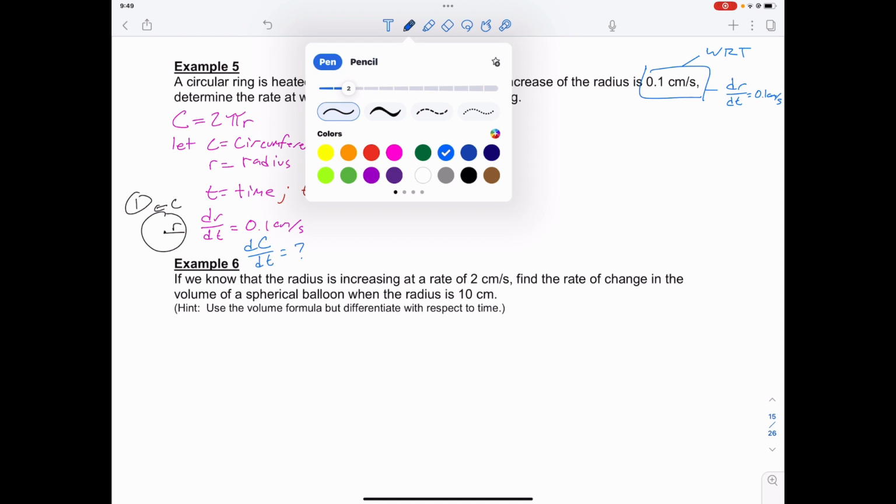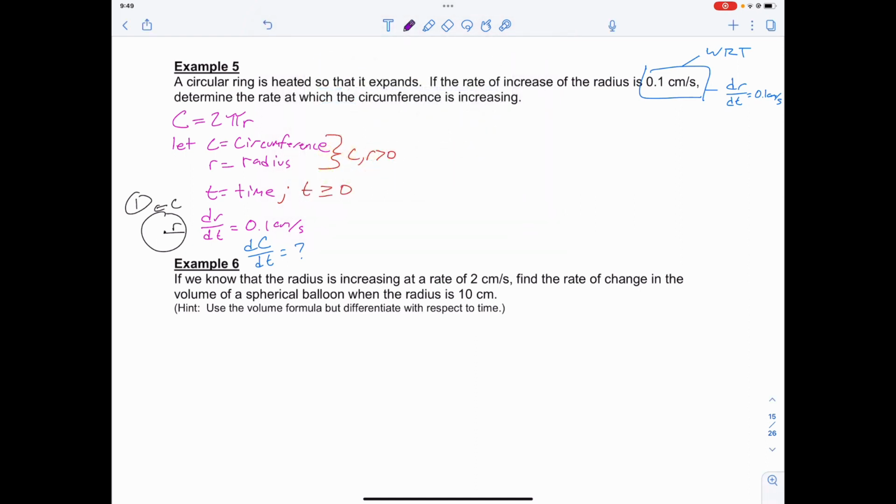So what are we going to do? We're going to differentiate that formula in terms of time. So dC over dt is equal to 2 pi and dr over dt. What we're trying to solve is that dC over dt, and we know what dr over dt is, so we're just going to substitute in.